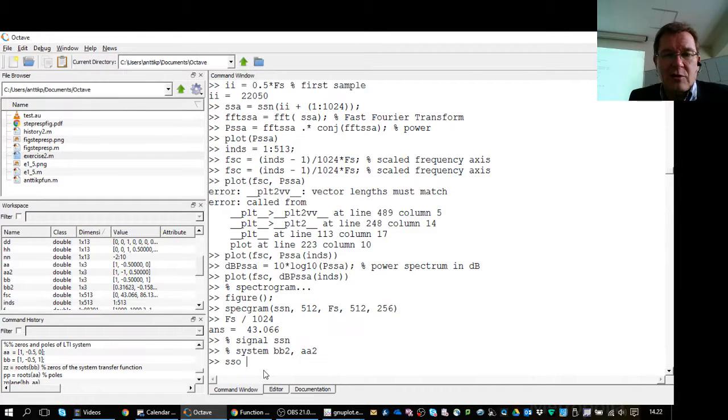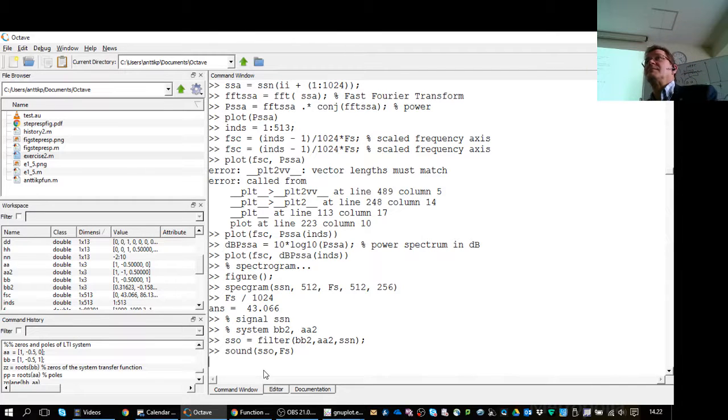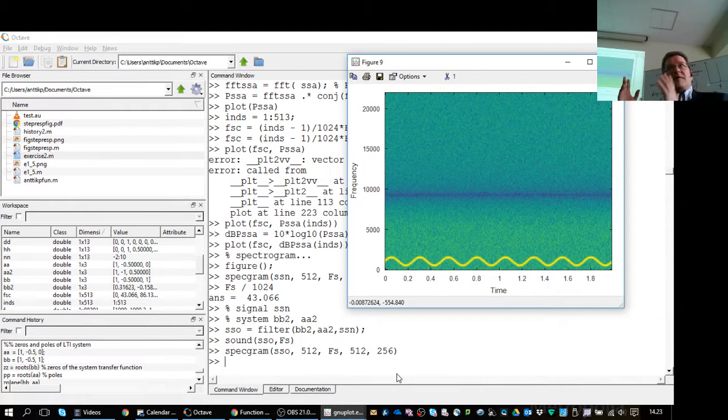SSO, like SS output, would be filter BB2, AA2, and then SSN. Since we have the spectrogram here, why not also show the spectrogram while we are at it? So that's the data of the filtering.